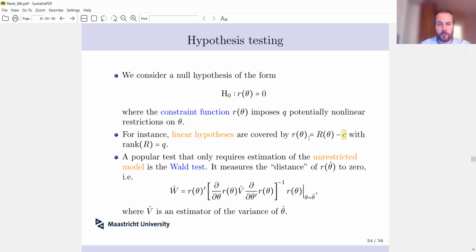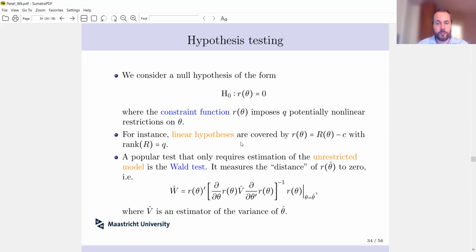Then you would write R as a matrix that takes the first minus the second. The first is twice as large as the second, so this would be minus 2, I guess, or something like that. But anyway, you can do whatever type of hypothesis you want. Everything is captured with this framework.